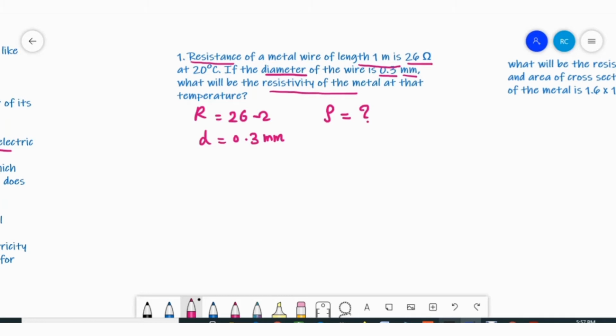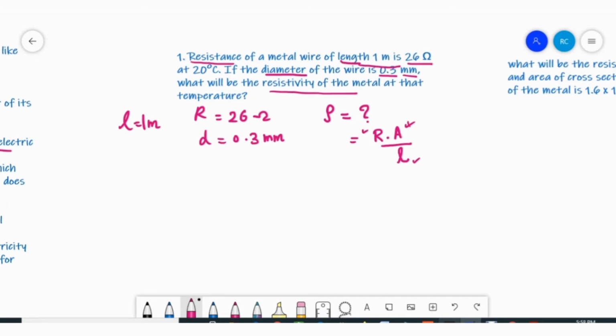So the resistivity equation we already know: resistivity is equal to R into A by L. A is not given, R is given and L is also given. Length of the conductor is L equal to 1 meter.